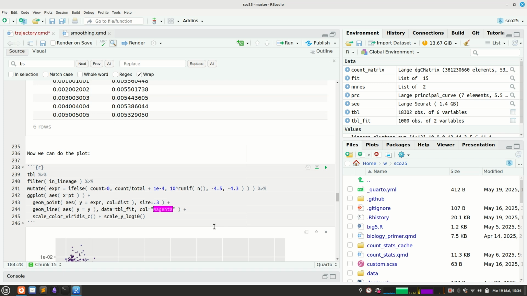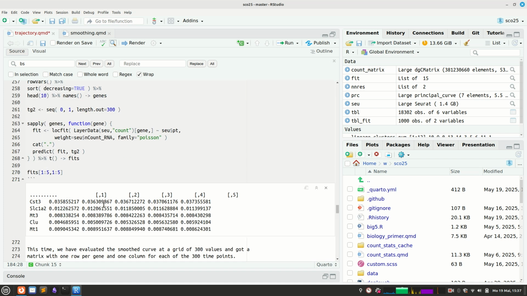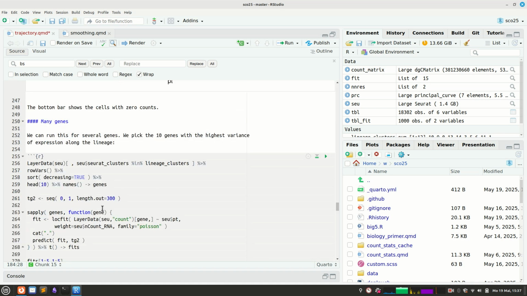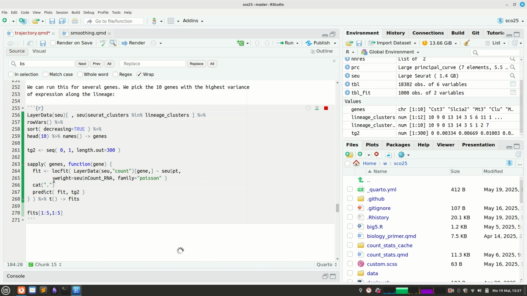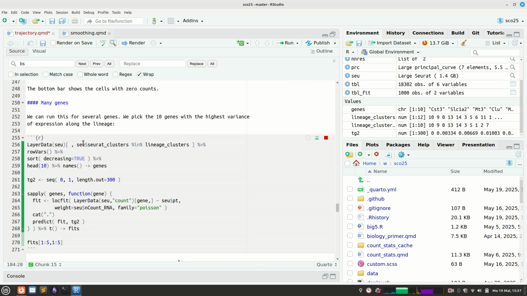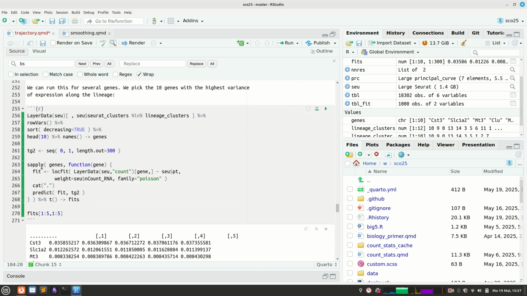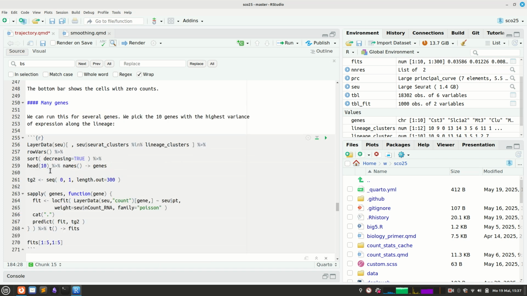But for now, let's simply say, what can we do with this to finish this side of the story? I can do this not only for one gene, but for many genes. So what I've done here is run this log fit function that I've used up here for a list of 10 different genes, namely the 10 most variable genes that I had here.